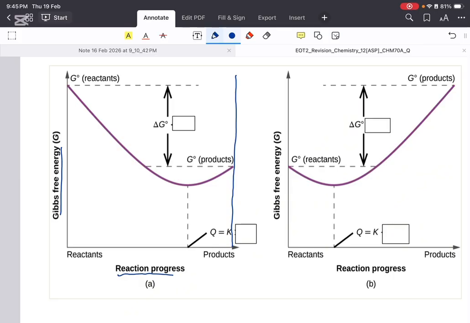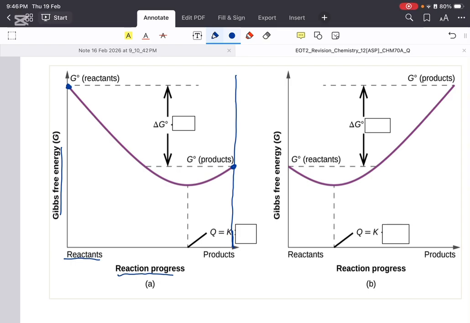Now, whenever you look at the graph, the starting point is the Gibbs free energy of reactants, and the last point of the graph is the Gibbs free energy of products. Now I want you to look at the value of G reactant and the value of G product.